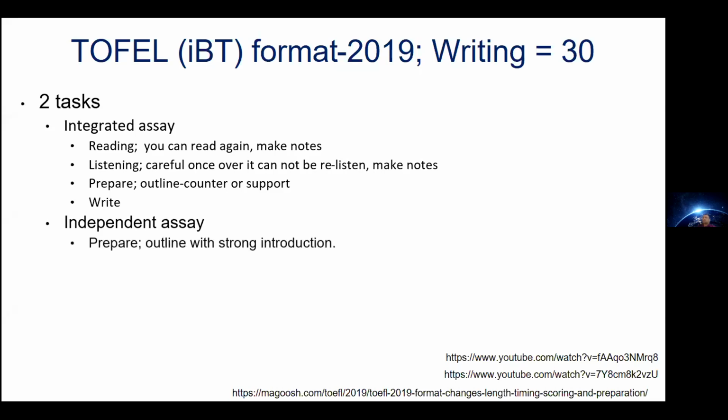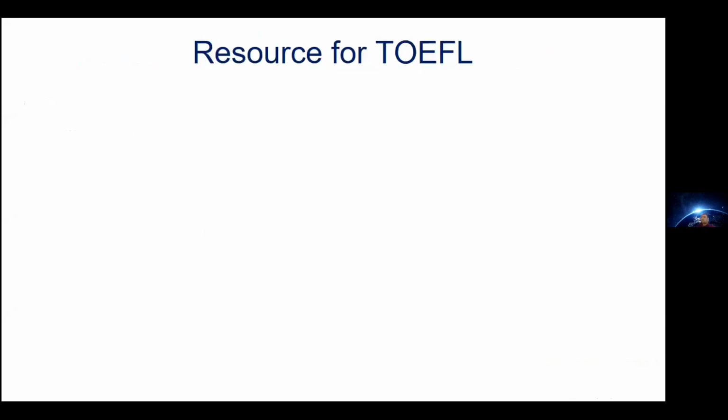They would give you a familiar topic, then you prepare. And the most important thing for both of these tasks is a strong introduction, because the introduction is everything, I think. When you have a strong introduction, then I think you got your marks, right? And it would be 50 minutes total, 25 minutes each, I think. But it's an important section of the TOEFL.